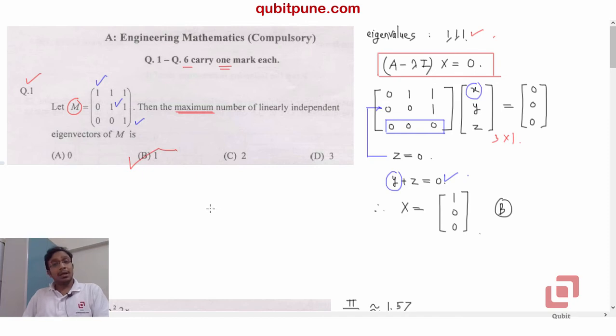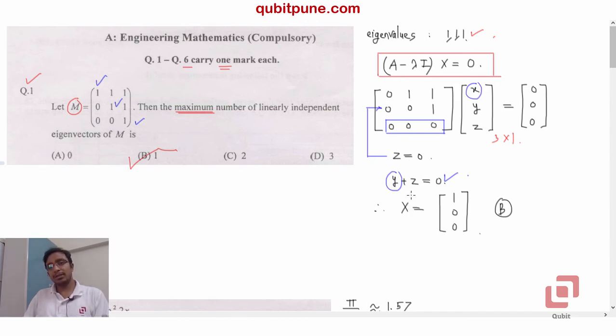Now there are some specific terms associated with eigenvalues. If any eigenvalue is repeating itself multiple times, we say that its algebraic multiplicity is that many. So in this case, the eigenvalue 1 has algebraic multiplicity 3. With algebraic multiplicity we also have geometric multiplicity.